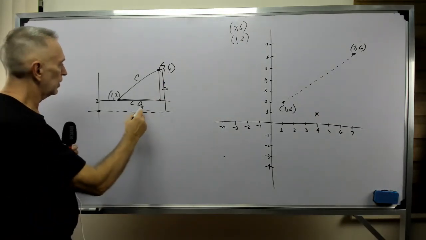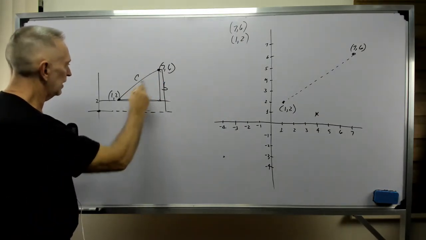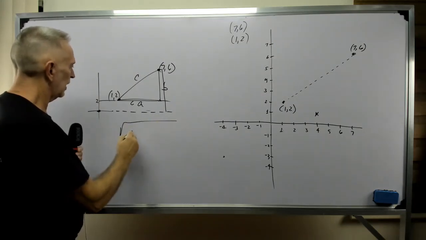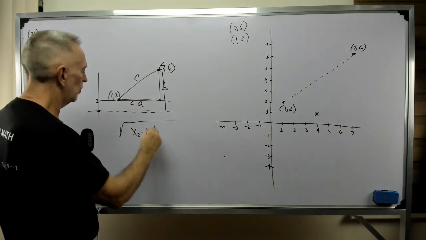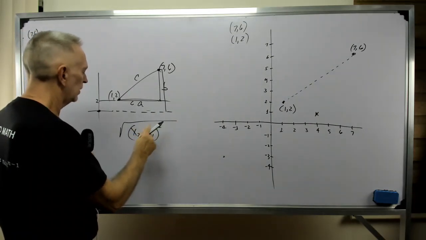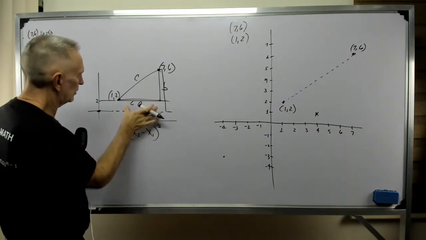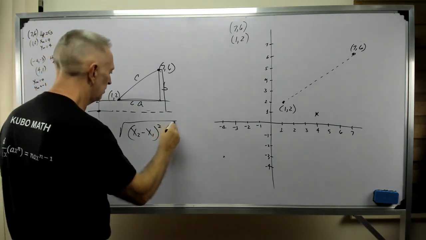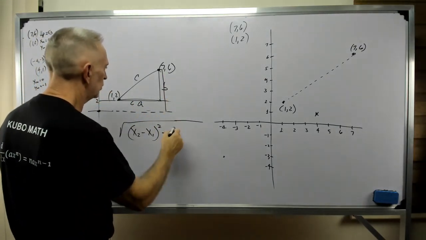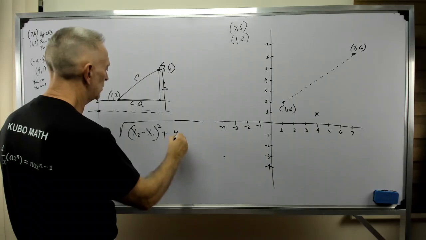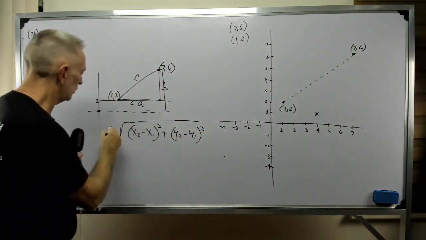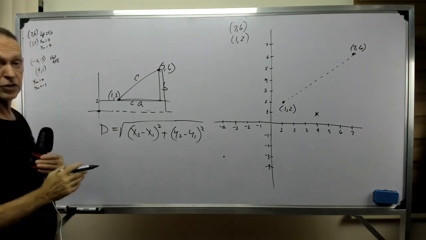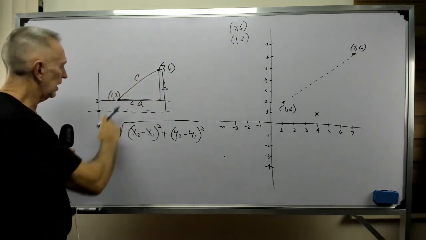Then when you're looking at this side, you're looking at x sub 2 minus x sub 1 squared. That's a squared plus b squared, which would be y sub 2 minus y sub 1 squared. And the square root of that sum would be my distance, or the length of that line.